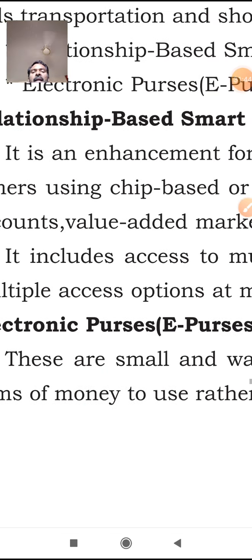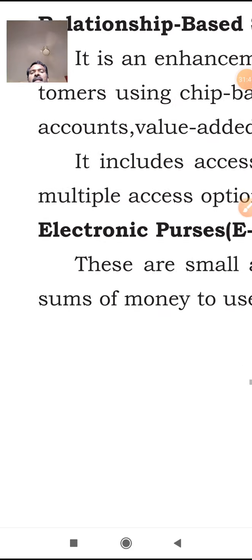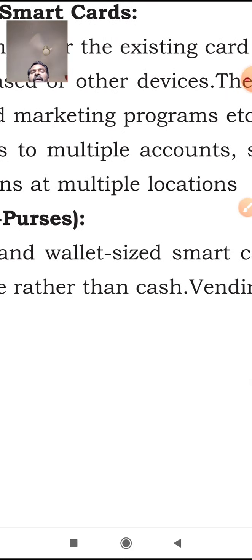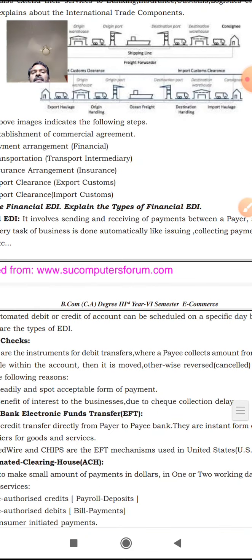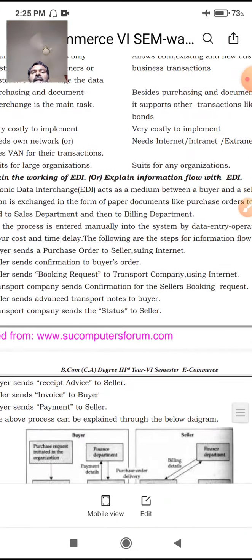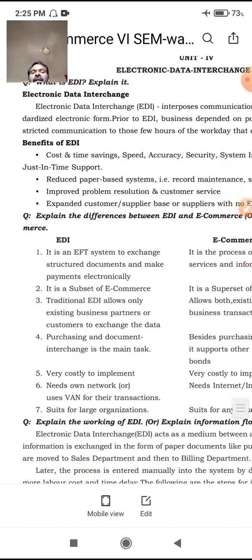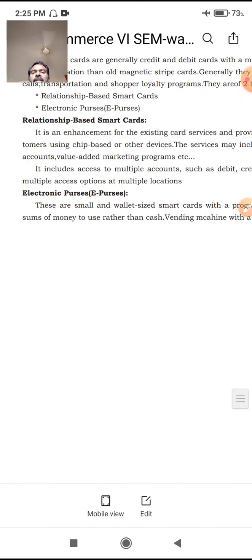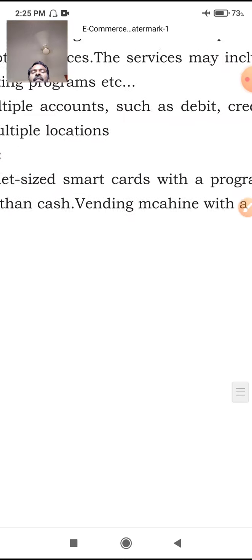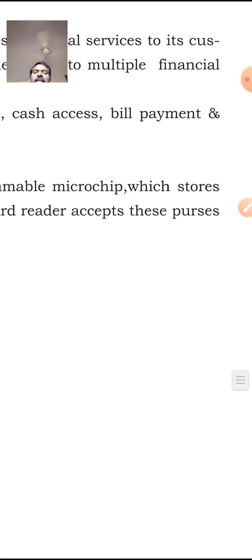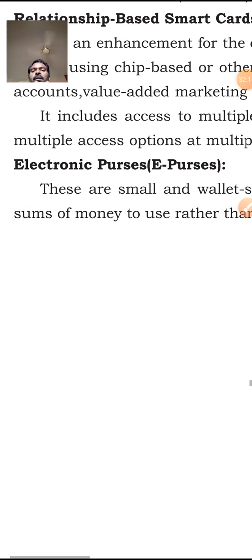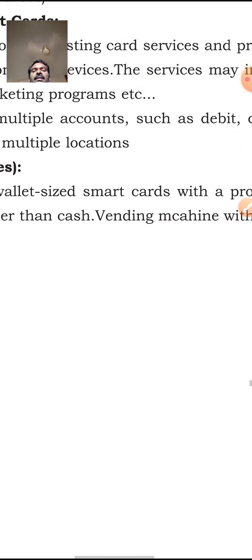Next, the electronic purchase cards. These are small, wallet sized smart cards. Wallet sized means small cards which are used in the wallet. Wallet means purse. They come with a programmable microchip, which stores a sum of money to use rather than cash.